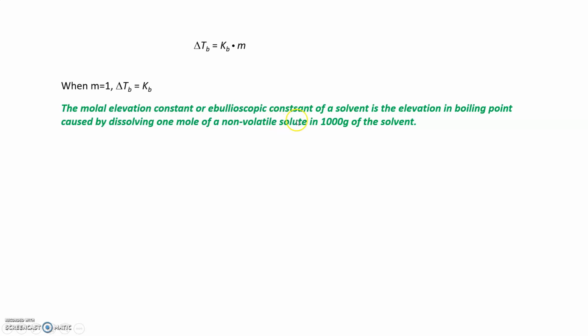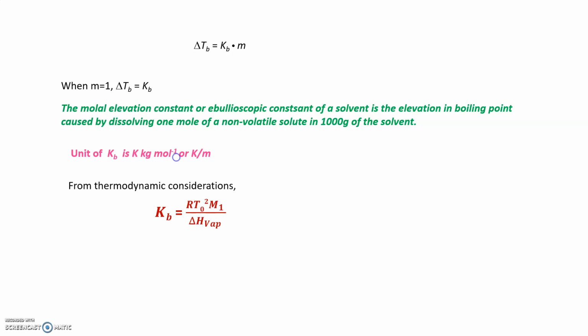That is nothing but a 1 molal solution. The unit of KB is Kelvin kilogram mole inverse, or Kelvin by molality. The temperature is taken in Kelvin scale, not in degree centigrade.